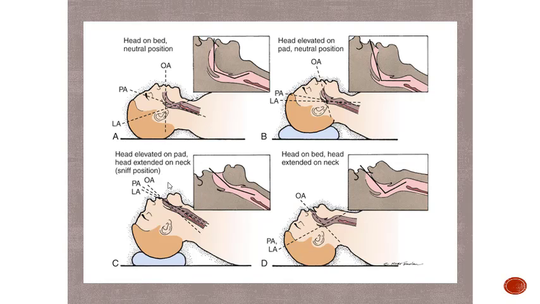And that term specifically, the sniff position or sniffing position, is one you guys should memorize, because basically what it is is you tilt the head back just a little bit like you're sniffing the air. That's where it gets its name. And if you look at this subsection here, it shows how that really creates a more straight line for the physician as they're putting the laryngoscope in, or for the respiratory therapist, and it gives you a much more straight line to get that tube into the trachea versus into the esophagus.